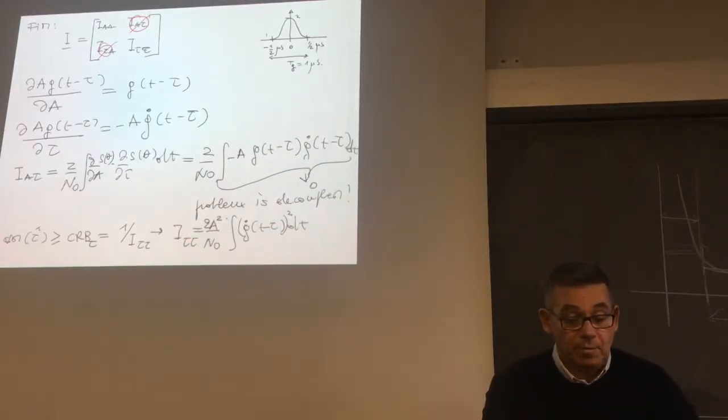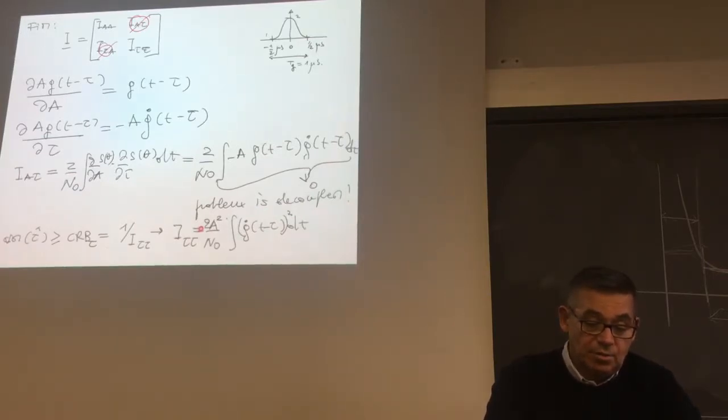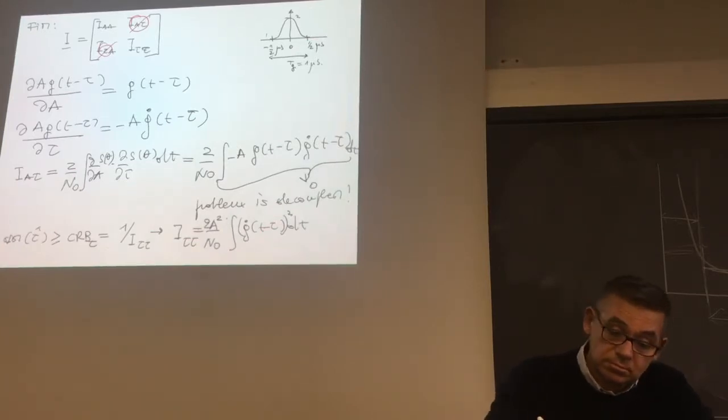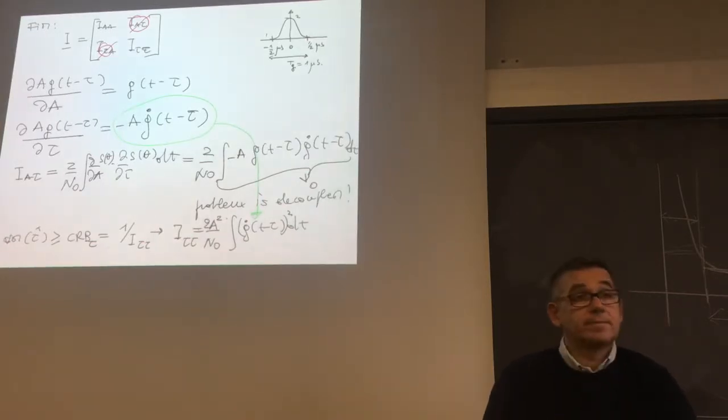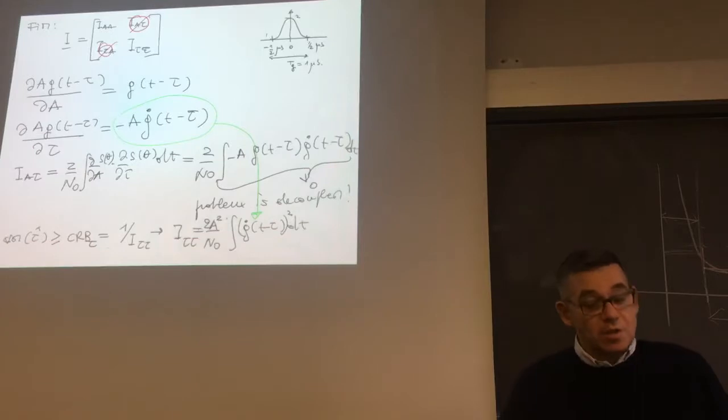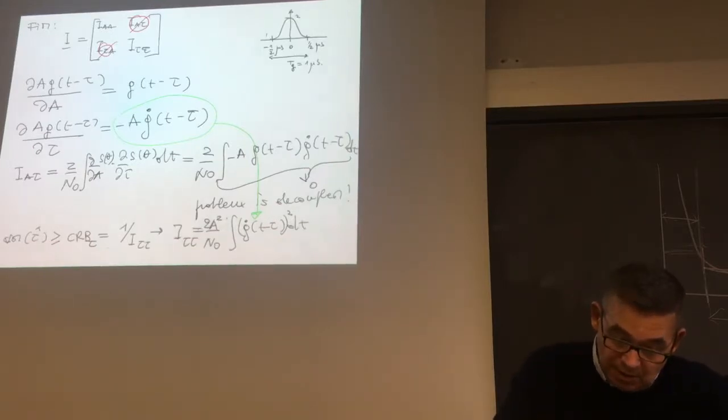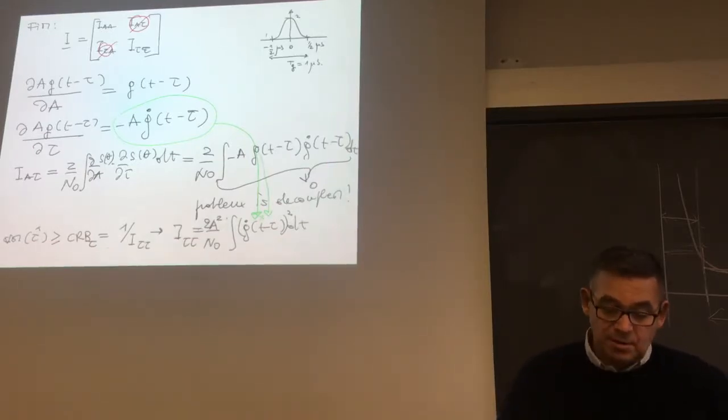Because I tau tau means that I'm taking this multiplied by itself. So it's 2 times this multiplied by this, so it's a square.